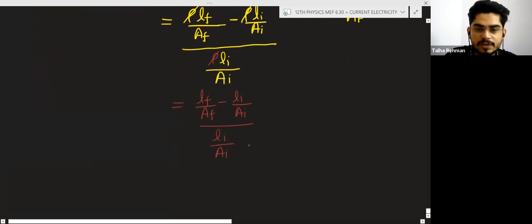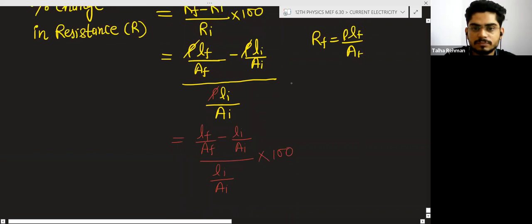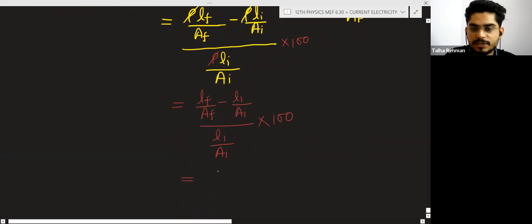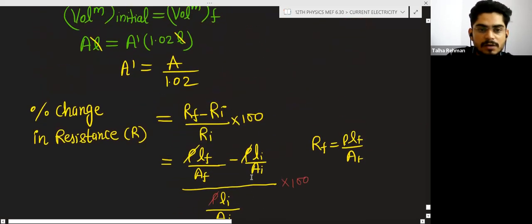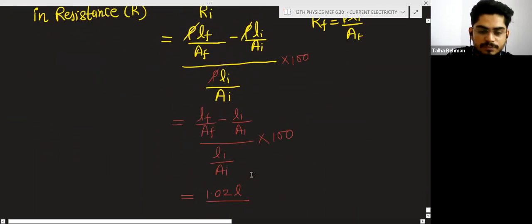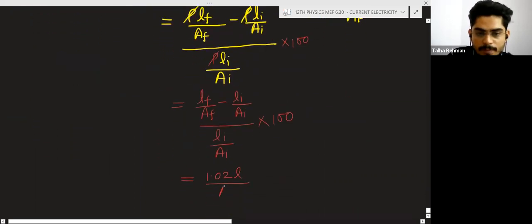Now put all the values. L final is 1.02 times of L. Area final is A upon 1.02, and this 1.02 will come up.